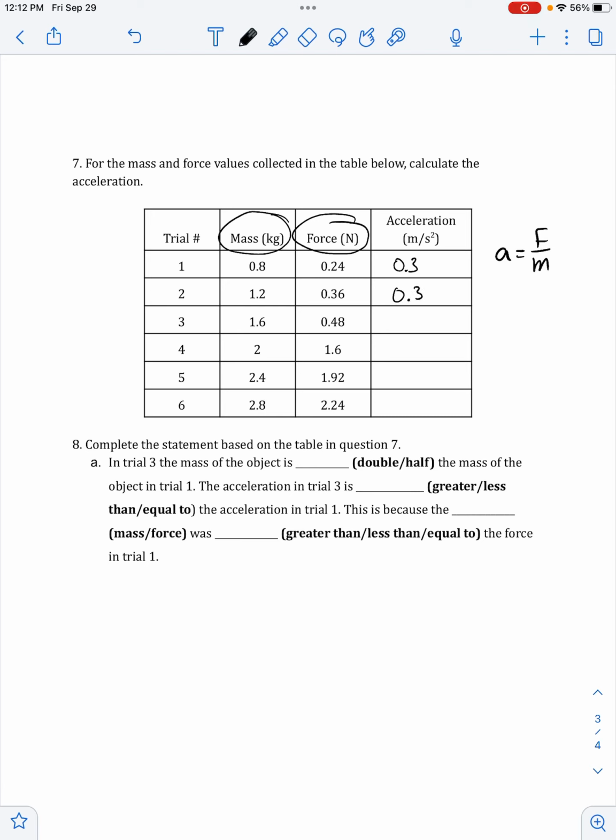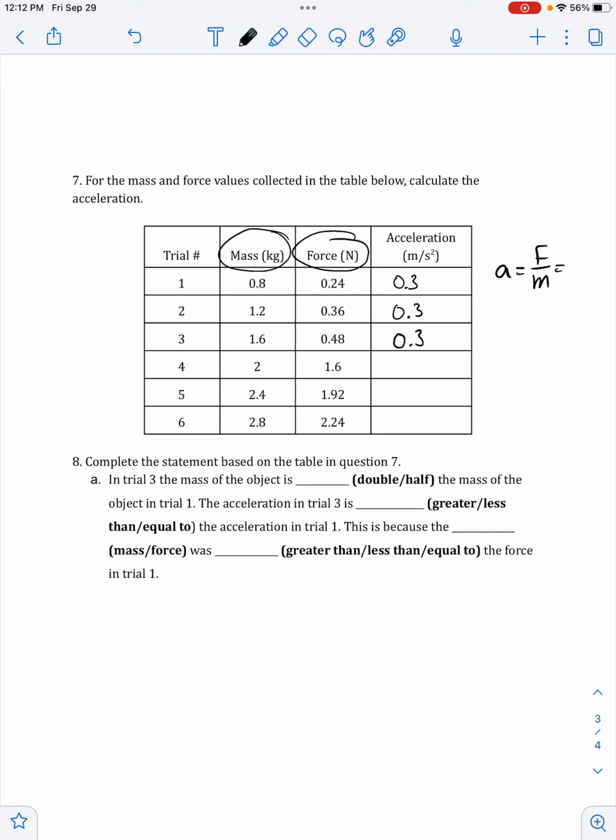And then 0.48 over 1.6 is also 0.3. So if you plug in the values using this formula, those are the values that you would get. For the second set, 4, 5, and 6, it turns out that if you divide these values, you're going to get 0.8. The same is true for the second one and the third one here. So the first 3 trials you get 0.3, the second 3 trials you get 0.8.